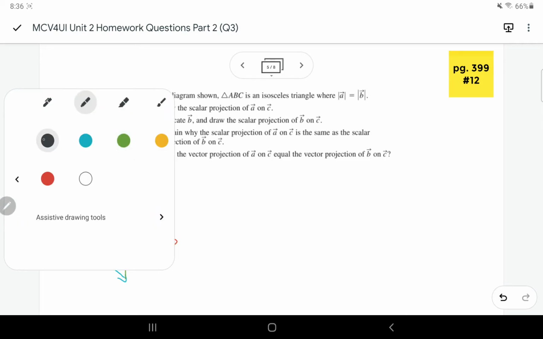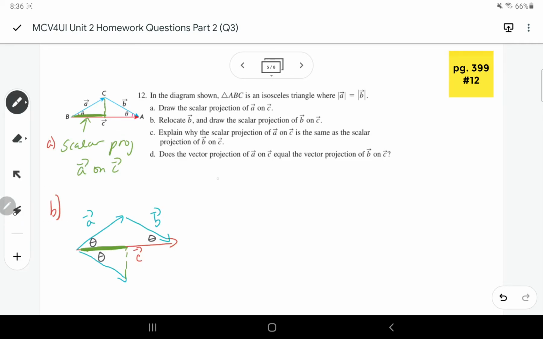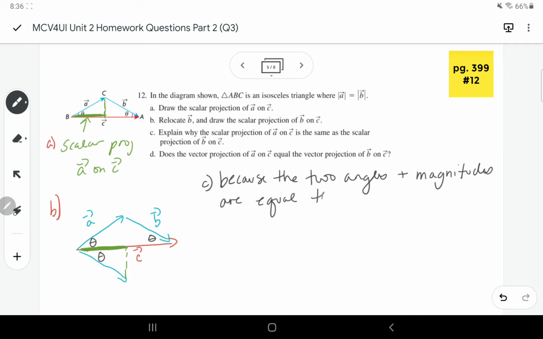So that would be my explanation for C. Because the two angles and magnitudes are equal, the triangles formed are congruent.